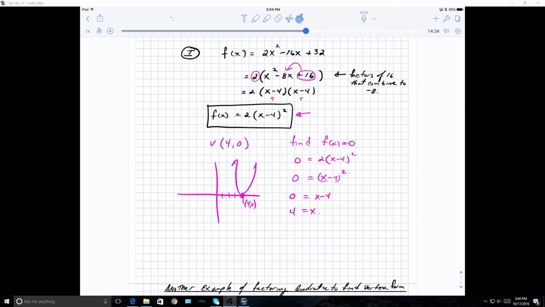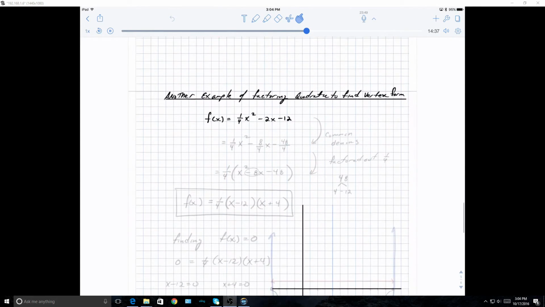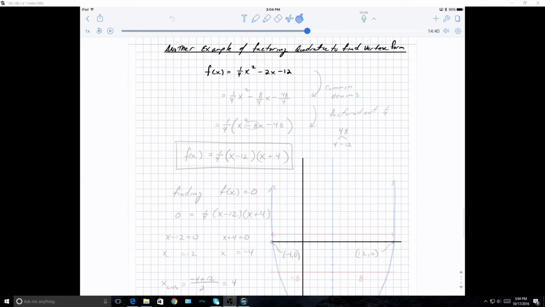Alright, another example. Here we'll look at f of x equals 1/4 x squared minus 2x minus 12. And one of the simple things to realize is that we have that denominator form. So what we're going to do is change all of those to having a denominator for each one of the coefficients.